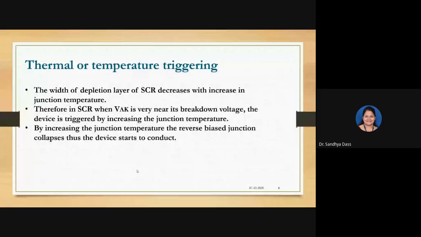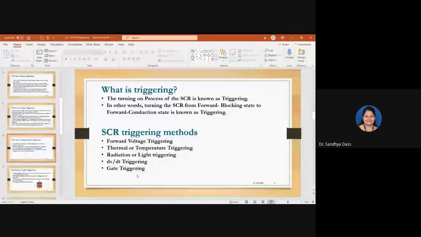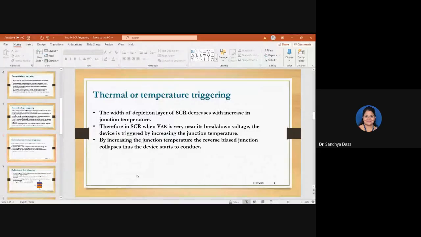So next is thermal or temperature triggering. Here we know that the width of the depletion layer of SCR decreases with increasing junction temperature. How do you say that? We are aware that the conductivity of a material is determined by two factors, right? One is the concentration of the free carriers available to conduct current, and the other is their mobility.